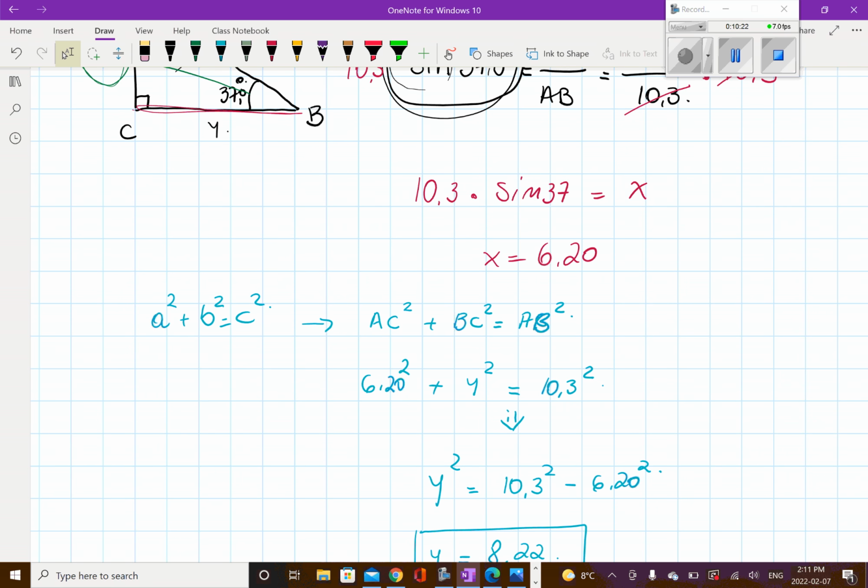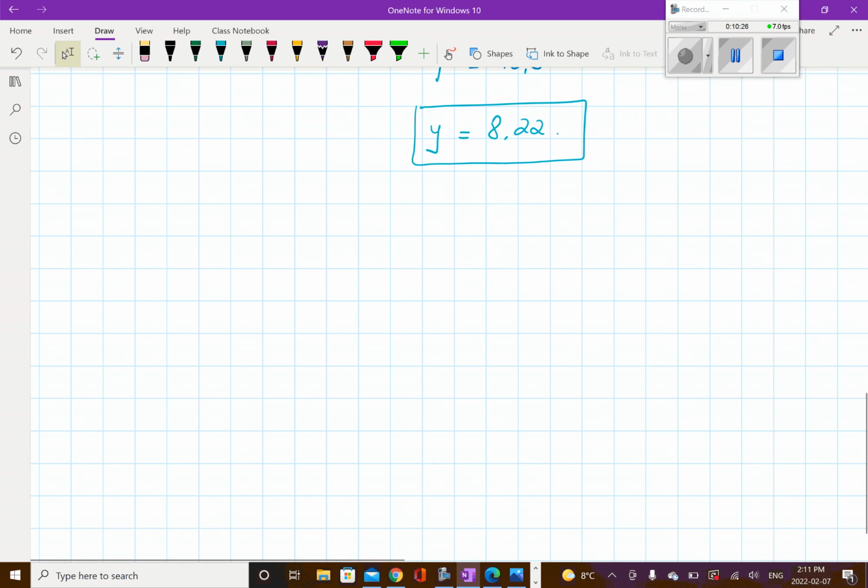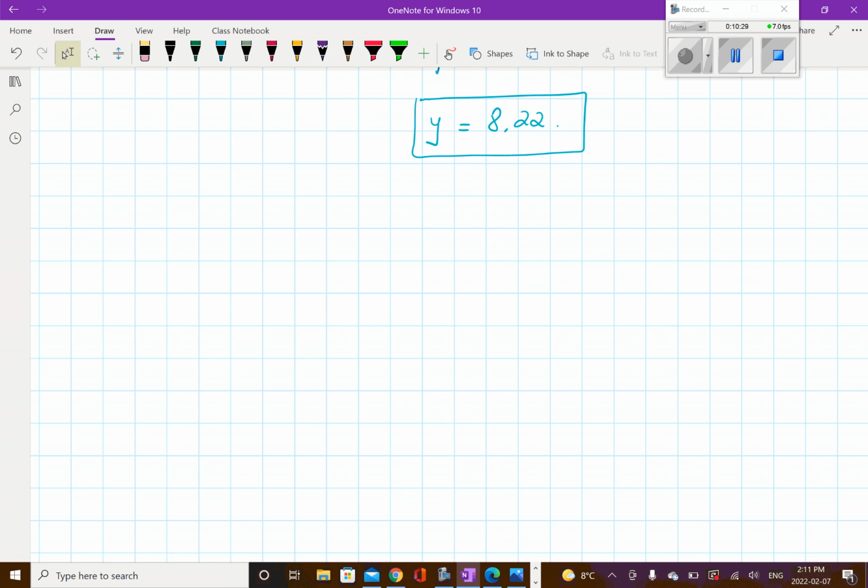Okay, let's take a look at another question on this, finding the sides. Let's suppose that we have a right angle triangle that looks like this. AB, and this angle here is 62 degrees.